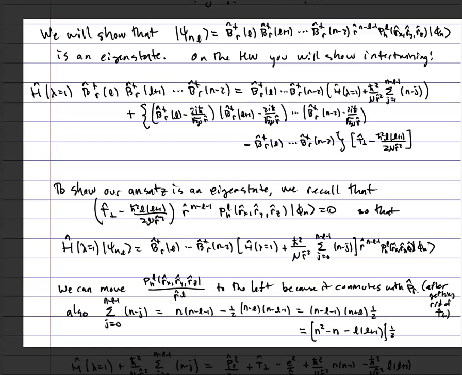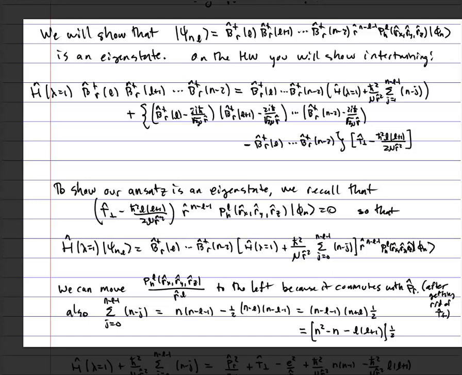We still have to move through that r hat to the n minus L minus 1, and we have to move through the harmonic polynomial. But it turns out we can move the harmonic polynomial of degree L over r hat to the L to the left because that depends only on angles and it commutes with PR. So after we get rid of the T perpendicular, we can move that term through the PR.